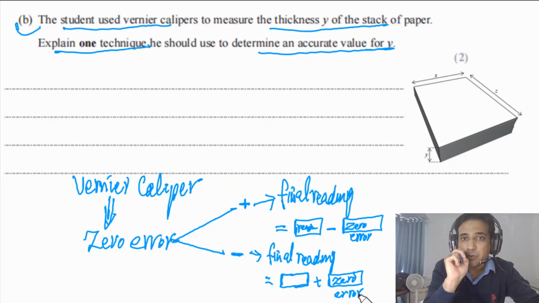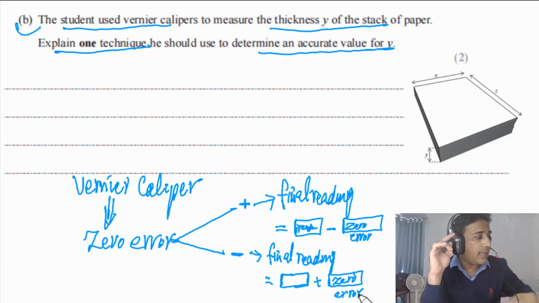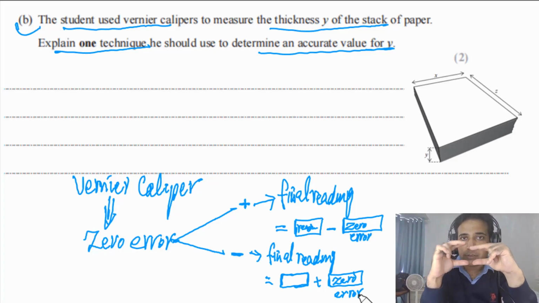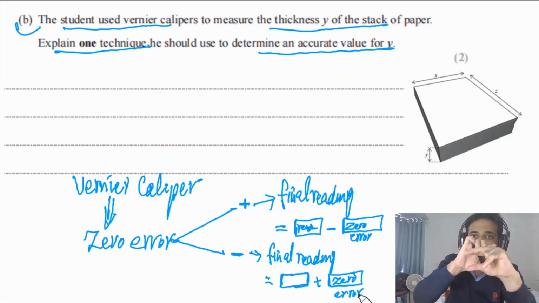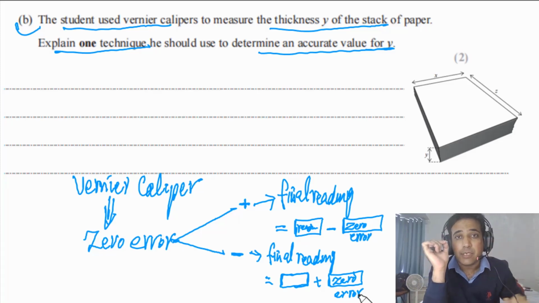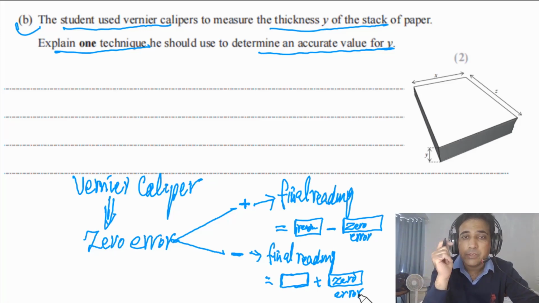The second thing we can do is, as we have the thickness of the stack of papers, we can measure the thickness at different positions and then take the average. For a diameter, you can also talk about measuring the diameter at different positions and calculating the average.